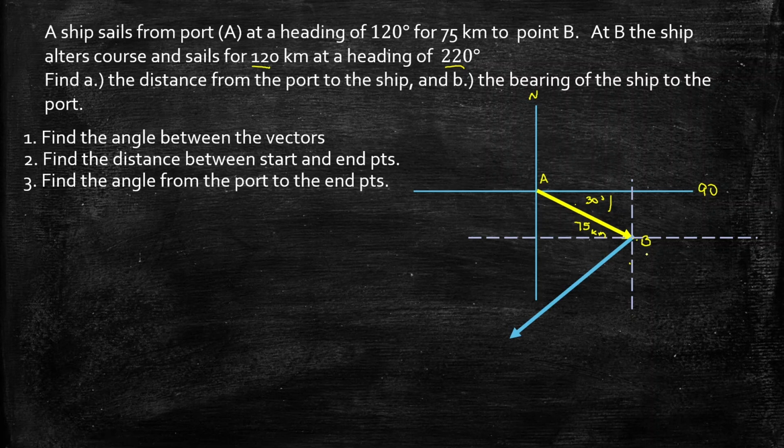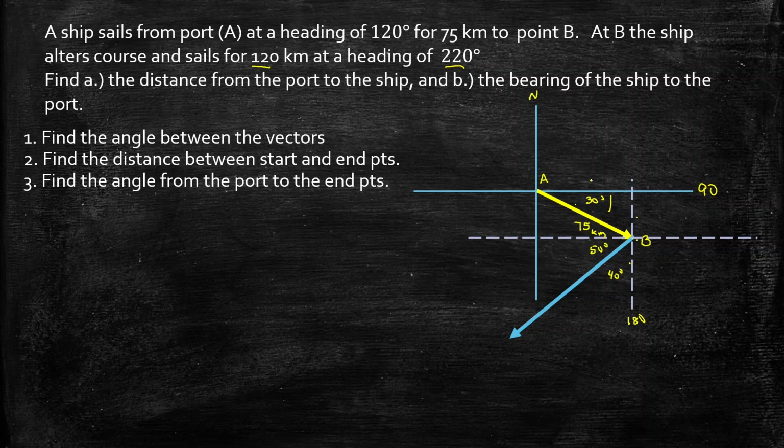And this vector is from here around 220. If this is 180, and this is 220, then the difference between these two is 40 degrees, right? And then from my reference edge here, it's 50 degrees.